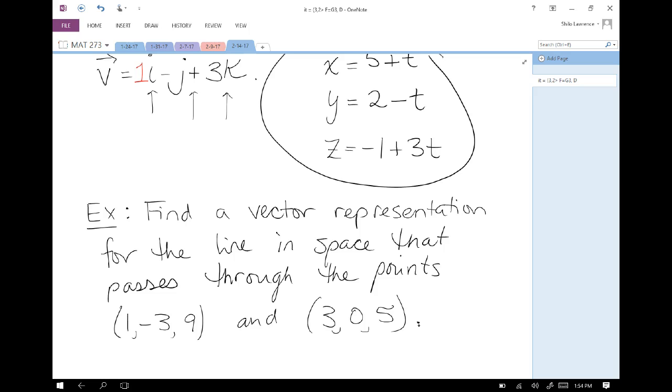What two things do we need to write the equation of a line? We need a point on the line. We could use either one. Yep, we need a point on the line, and we need a vector that's in the same direction as the line.